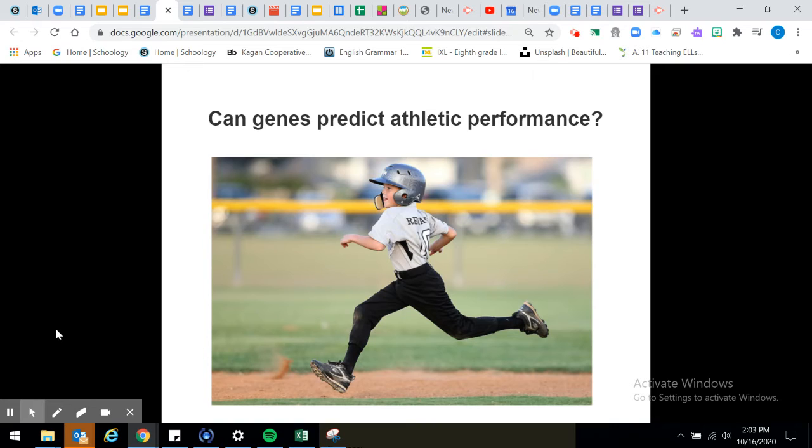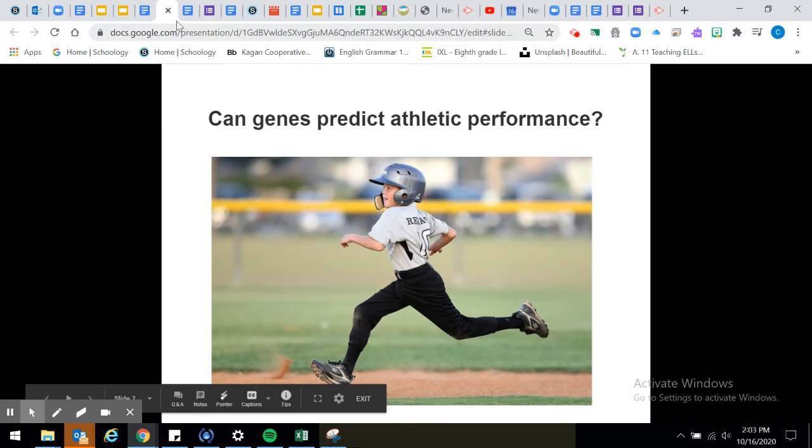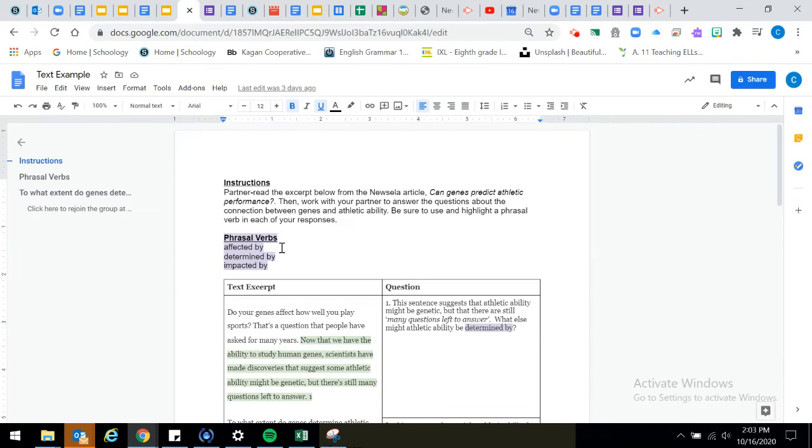As you zoom in on those parts, I want you to use the language that you learned today to respond to some of the questions that I've posed about the text. In a moment, you'll jump into Schoology and open your assignment that includes this note catcher for the day.